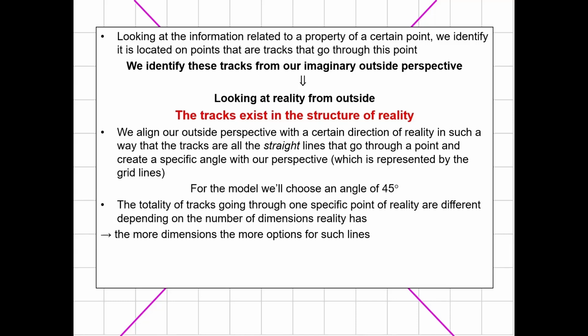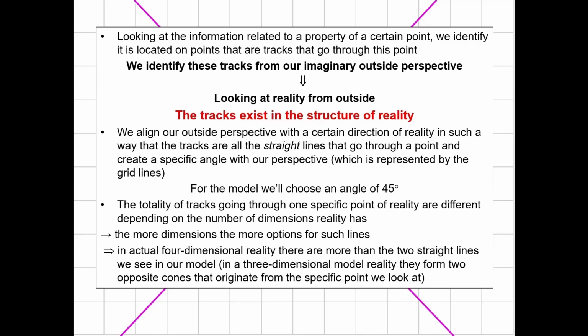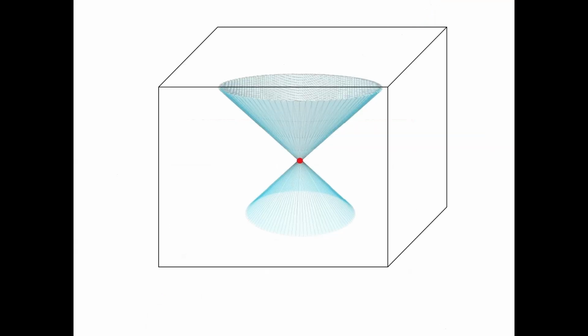This means that in actual four-dimensional reality, there are more than the two straight lines that we see in our model. But again, because we cannot imagine four dimensions, I will use a three-dimensional model of reality. And in that case, all these lines together form two opposite cones that originate from the specific point that we are looking at. And it looks something like this.